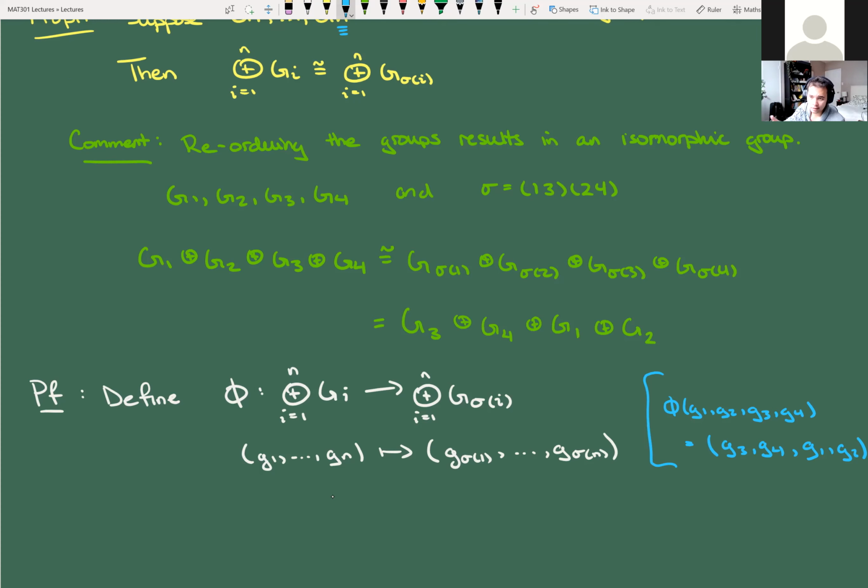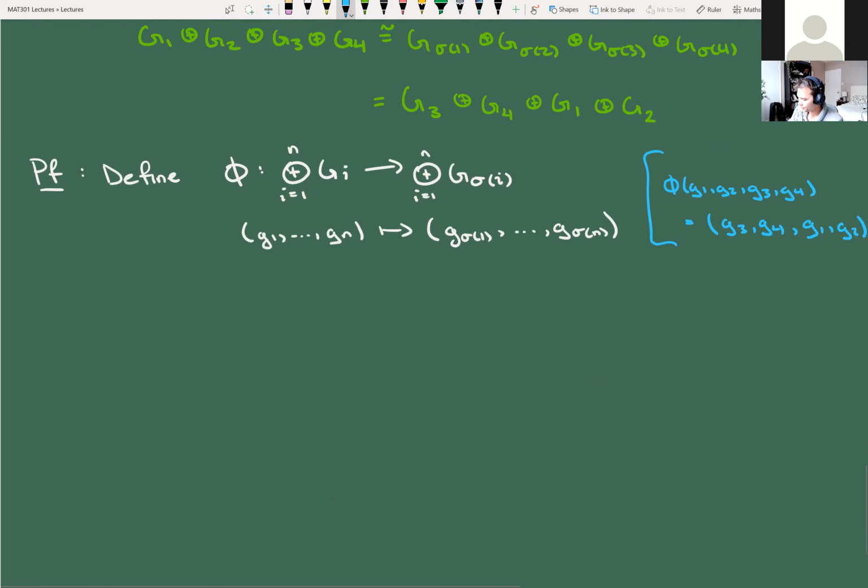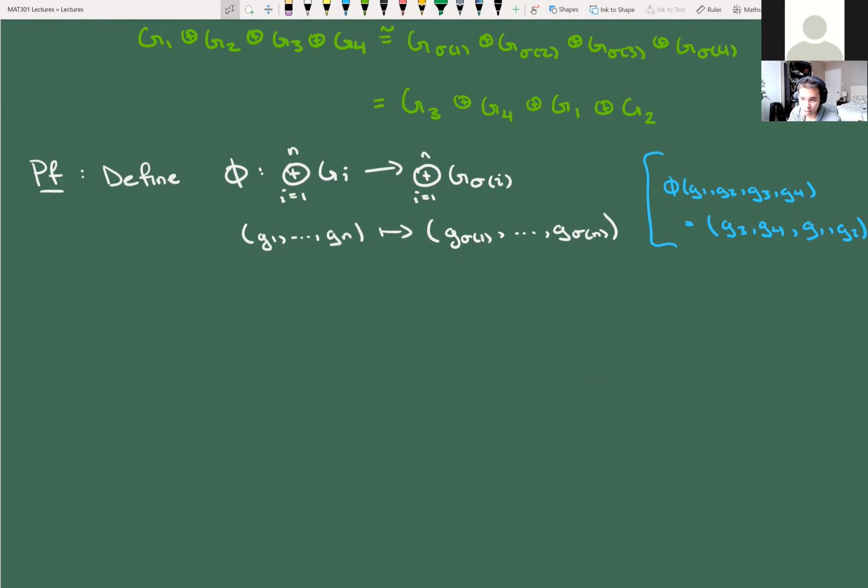And we should do better than that. Now, if you want to, you can actually prove that this map is bijective. You can prove it's injective, you can prove that it's a homomorphism, you can prove that it's surjective. My favorite way of proving that things are bijections is defining an inverse.